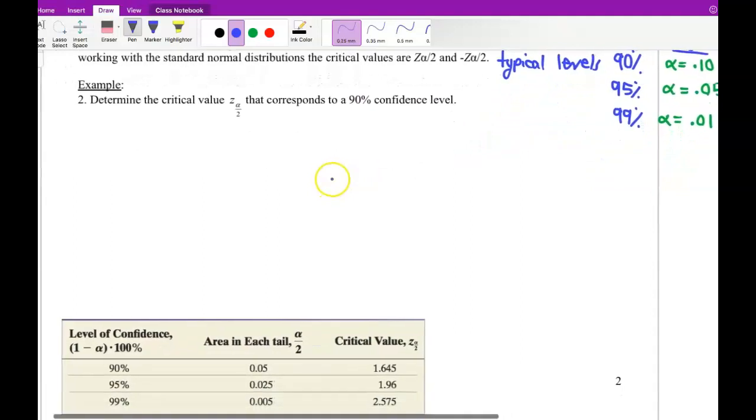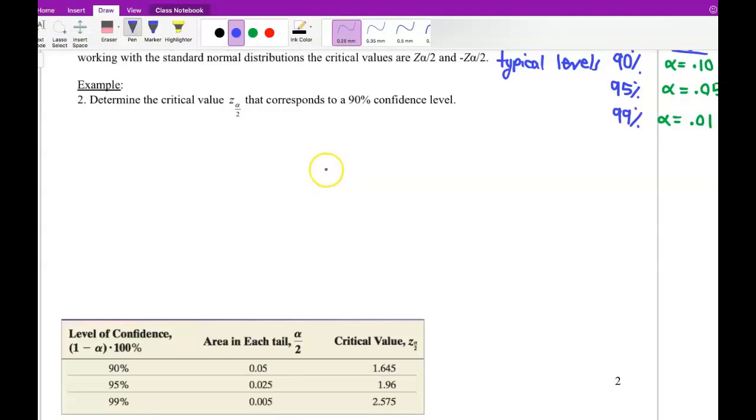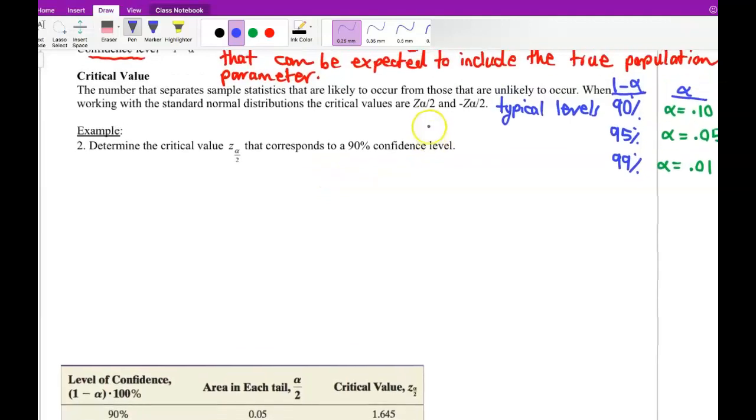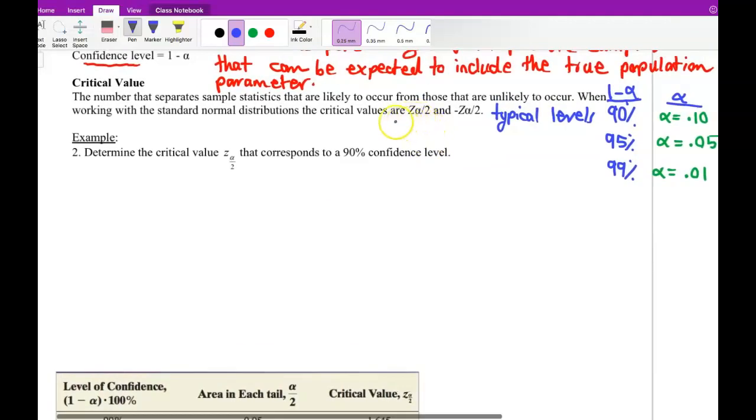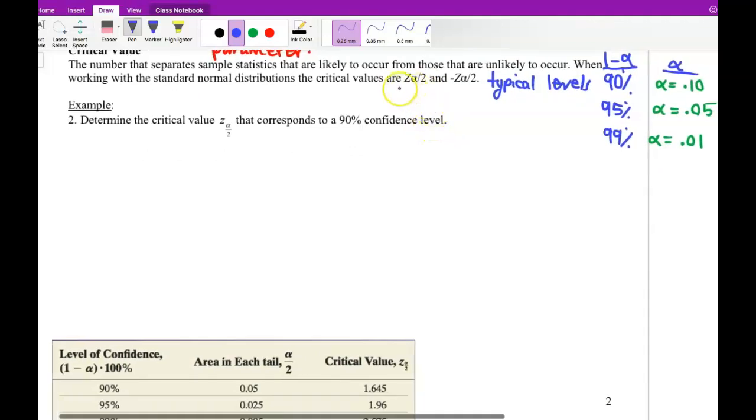Okay, now example. On this part, we need to find the critical value. The critical value, based on what we have here, is equal to z alpha divided by 2, and also negative z alpha divided by 2. So we're going to use these on this part.